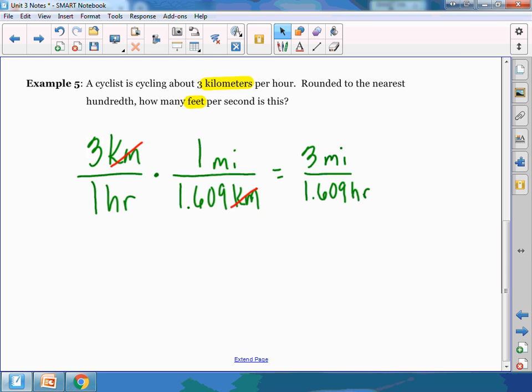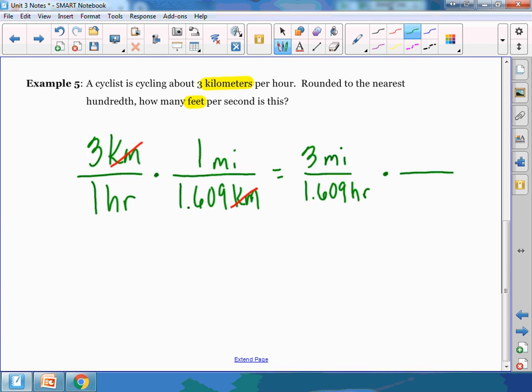Let's figure out a way to convert miles to feet. So what conversion factor do we want to use here? Miles to feet. Cameron? 1 mile is 5,280 feet. Okay, so how would I put 1 mile, 5,280 feet, or 5,280 feet, 1 mile?